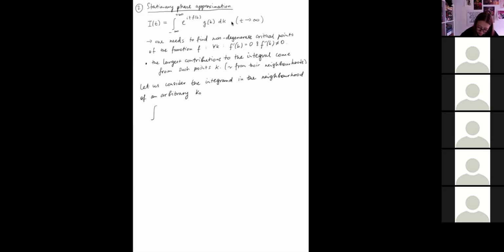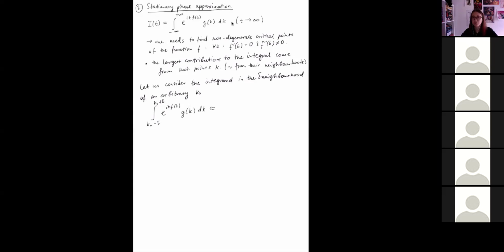So what I'm proposing to do is to look at the integral from k0 minus delta to k0 plus delta, and then we write the integrand, e to the power it f of k, g of k, dk.